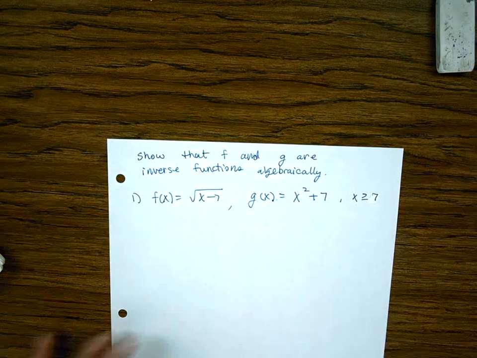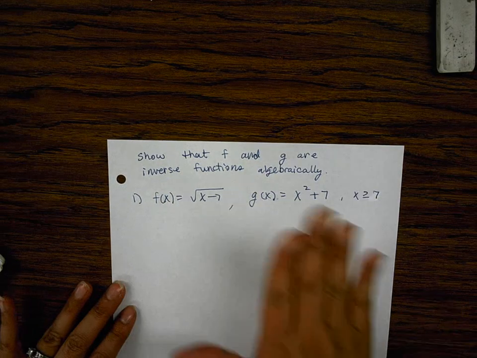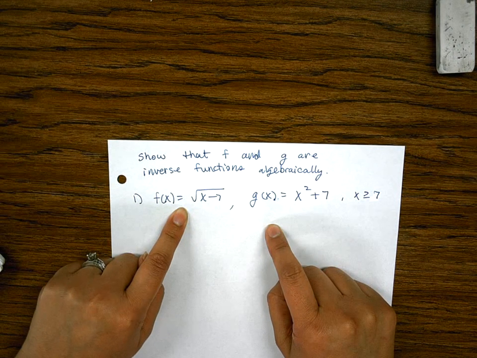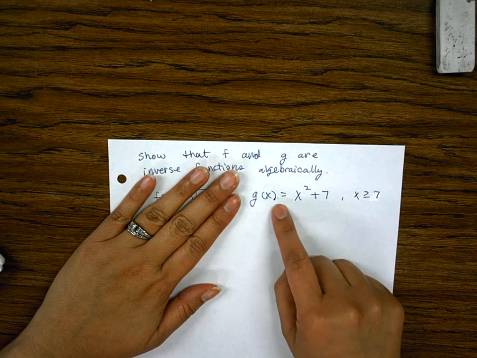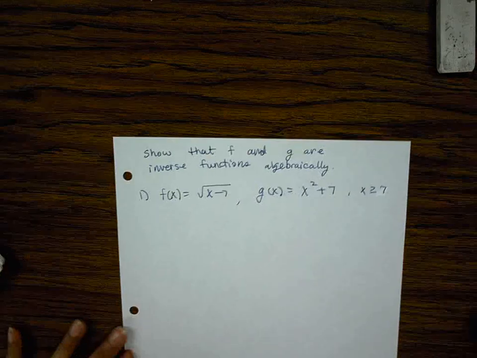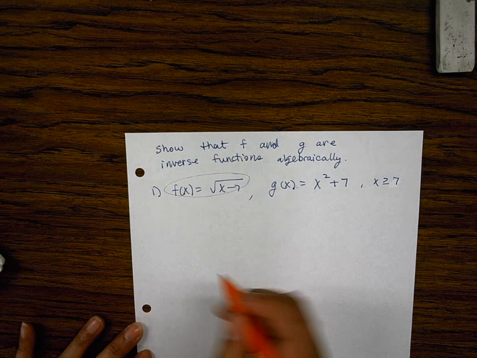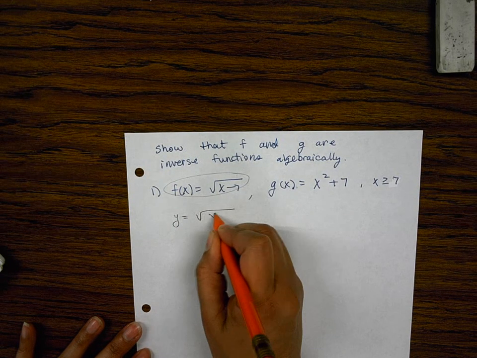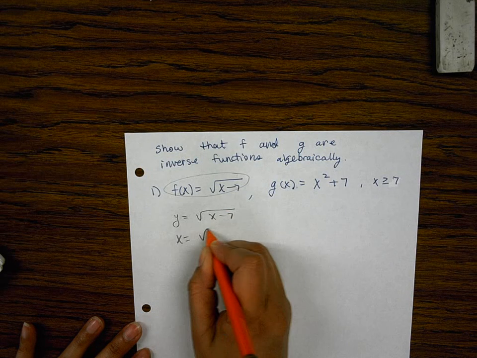So all you have to do on this one is find the inverse of the original and check if it equals g of x. Technically, you can find the inverse of g and check that it is the same as f. It doesn't matter which one you pick. I'm just going to pick the first one first.